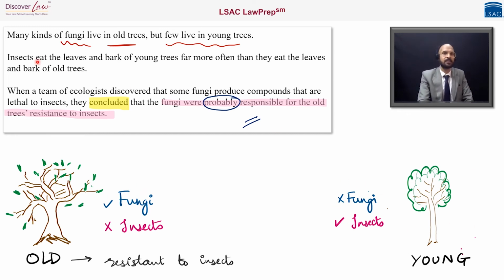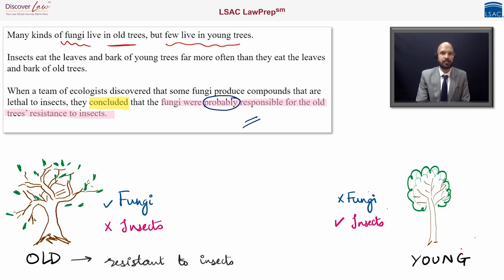It says that insects eat the barks of young trees. So here I put a tick mark that insects eat the barks of young trees and not so much the old trees. And then it was found that some fungi produce some compounds that are lethal to insects.